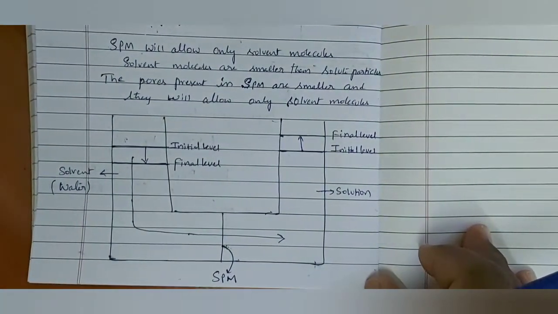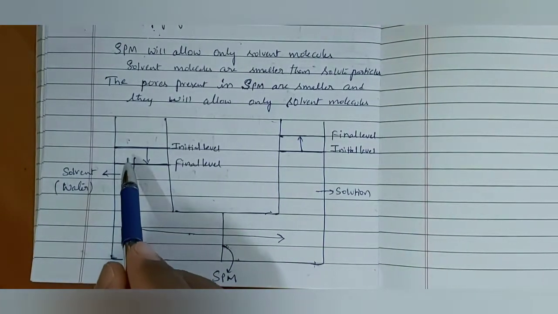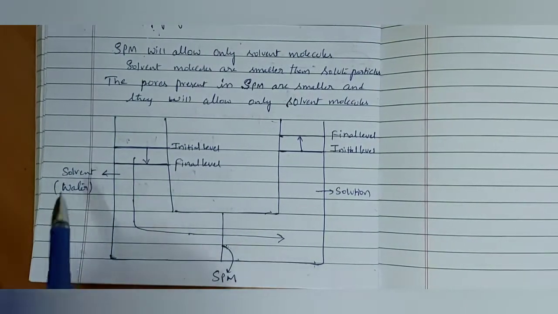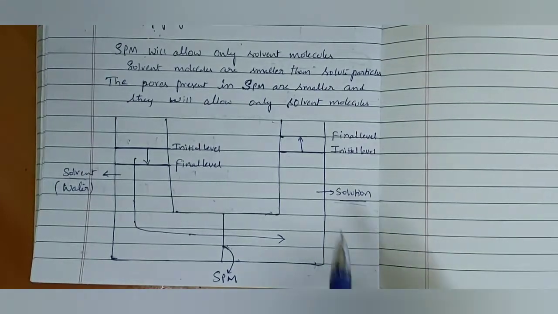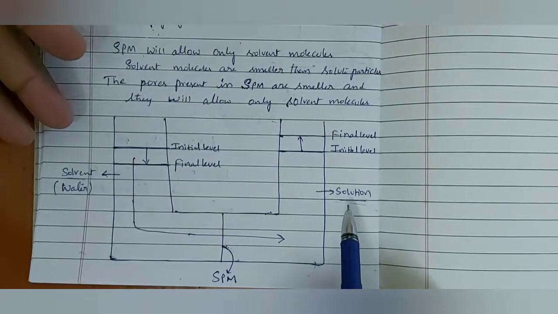Now, once see the definition. Before going to that, I hope you are understanding. Solvent molecules will move from the solvent to the solution side. We have taken solvent and solution, which is highly concentrated. The solution is highly concentrated because the solution contains solute particles. Solvent concentration is very low.